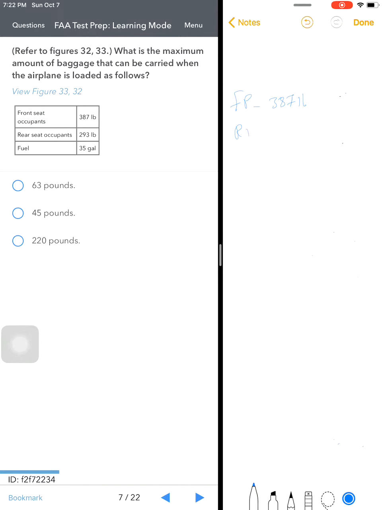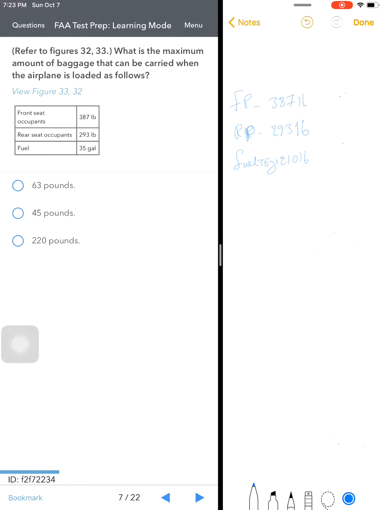Then you got rear passengers, 293 pounds. And then fuel, you have 35 gallons, multiplied by 6. 35 multiplied by 6 would be 210 pounds. Okay, that's what they give us.